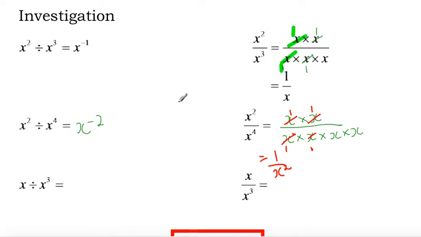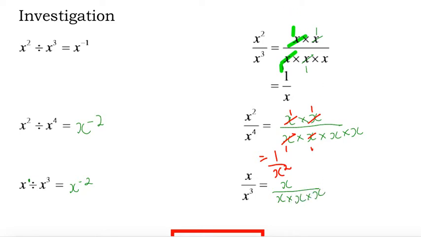Last one. Here, remember when it's an x without a power actually written, it's 1. So that's the same as subtracting our powers because we're dividing the exponents. 1 minus 3 is minus 2. Writing it as a fraction and out the long way, I have x all over x times x times x.